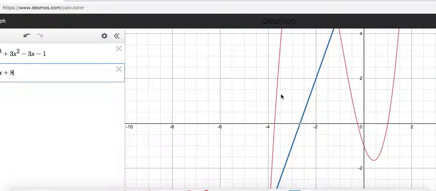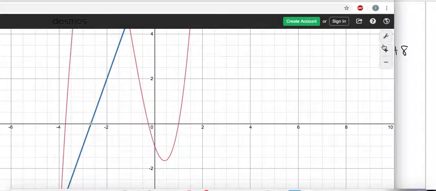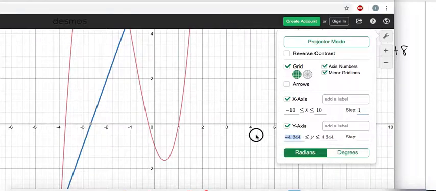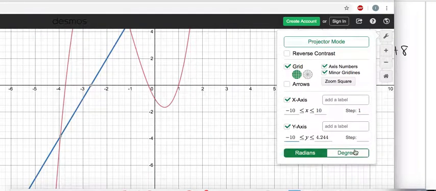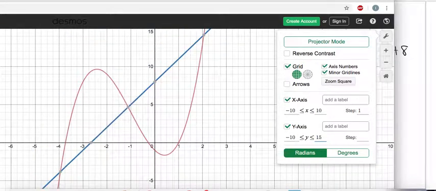Now, I want to look for the 3 intersection points, and this window is clearly not allowing me to see all of them. So I'm going to expand my window. The x-axis doesn't need to be expanded any further. The y-axis is obviously too small. That's better for the negative side, and I still need more on the x-axis side.